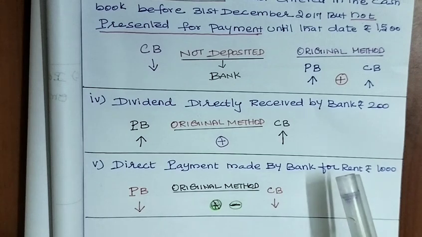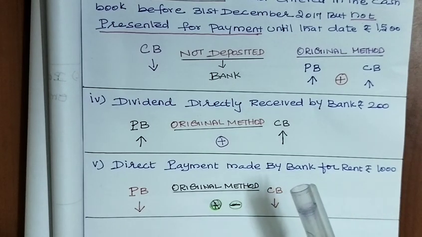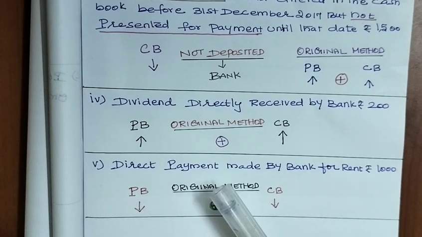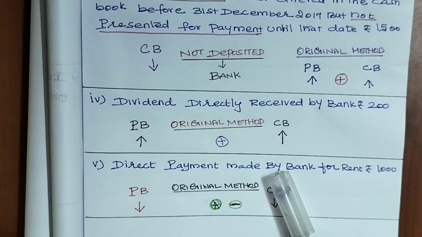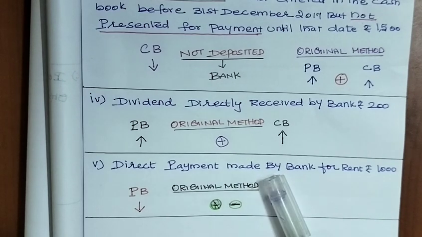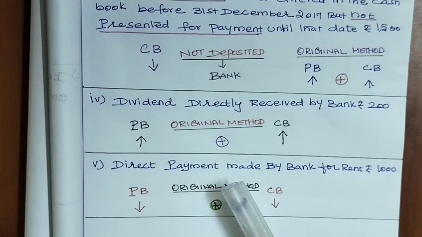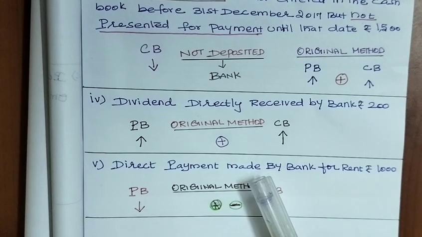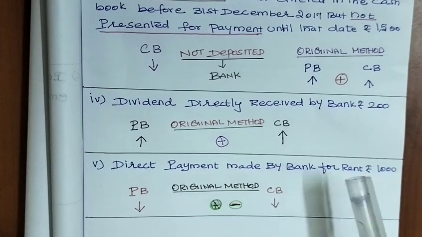As per the standing instruction, sometimes on behalf of its customer, the bank pays the rent, EMI, installment premium, insurance premium, etc. The bank directly paid. So here, direct payment made by bank for the rent.